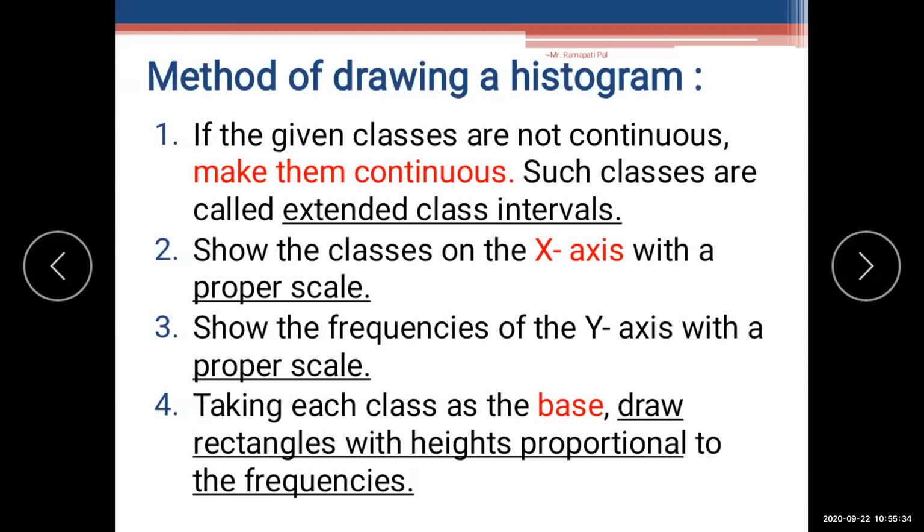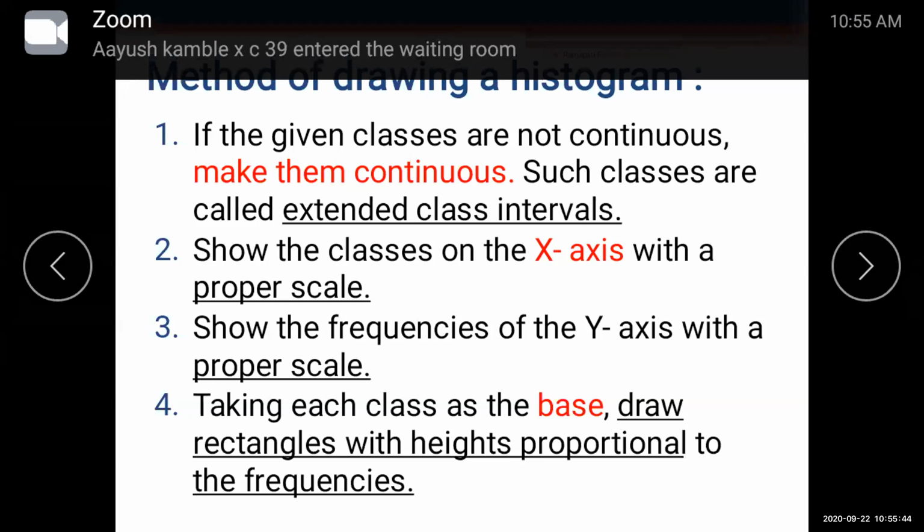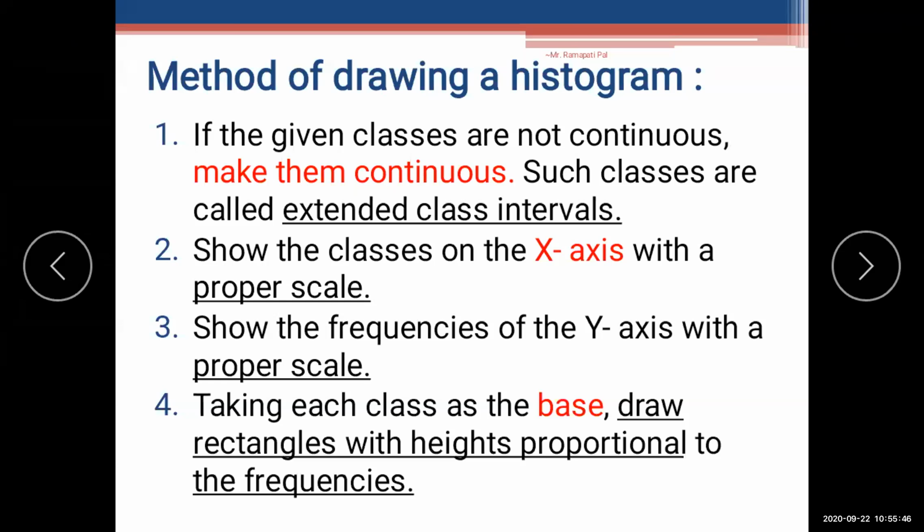Show the class on the x-axis with a proper scale and show the frequencies on the y-axis with a proper scale. Taking each class as the base, draw rectangles with the height proportional to the frequency.